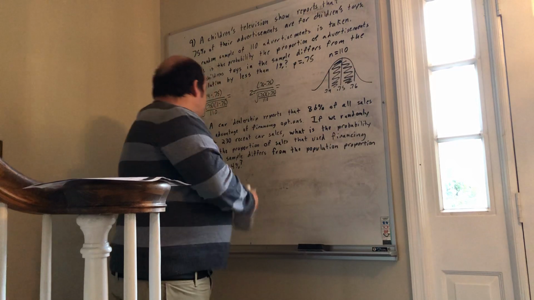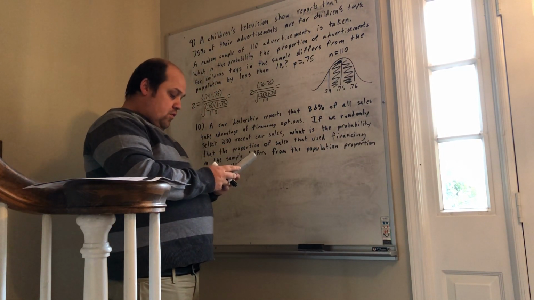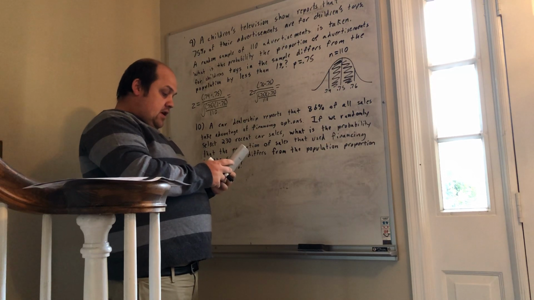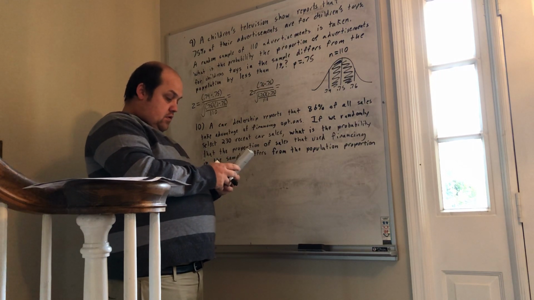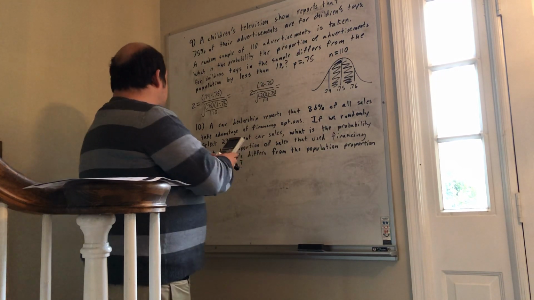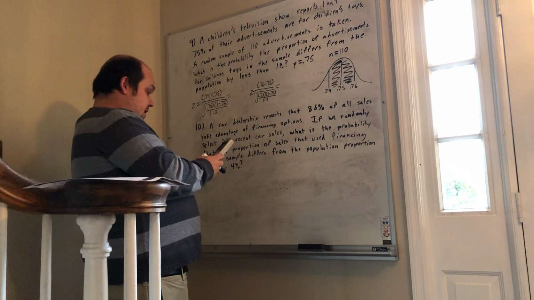So when I go to my calculator, I put in the first one, parentheses, 0.74 minus 0.75, divided by the root of parentheses, 0.75, 1 minus 0.75, divided by 110.